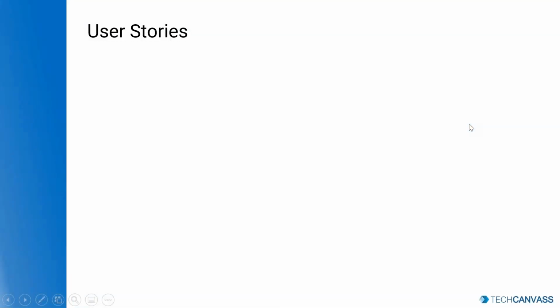Now why are user stories so popular? Why can't we just say in pure English that one of the functionalities of the system is to manage employees? Why do you need to write user stories? What is the difference which it makes? Anybody?